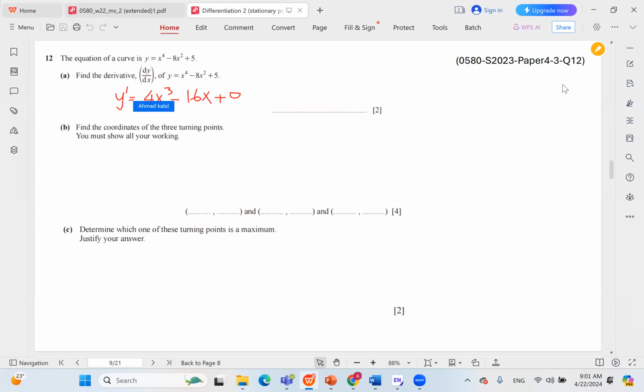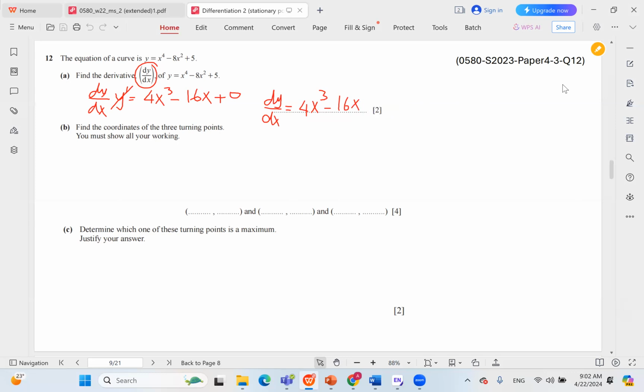And we can remove the 0, so we can just write a final answer. Of course, y dash is the same as dy by dx. So these are the same exact thing. Here they want it written as dy by dx. So this doesn't really matter. We can follow their notation. Dy by dx equals 4x power 3 minus 16x.